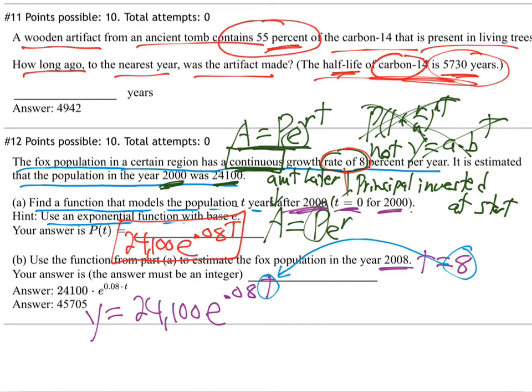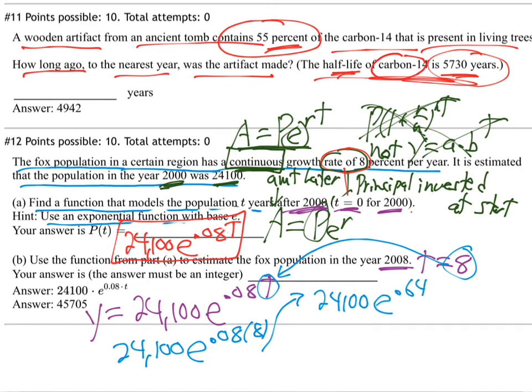So we're going to get 24,100 e to the 0.08 times 8. So bring it up here. That's 24,100 e to the 0.64. Hit the buttons on your calculator. That's what I'm doing now too.